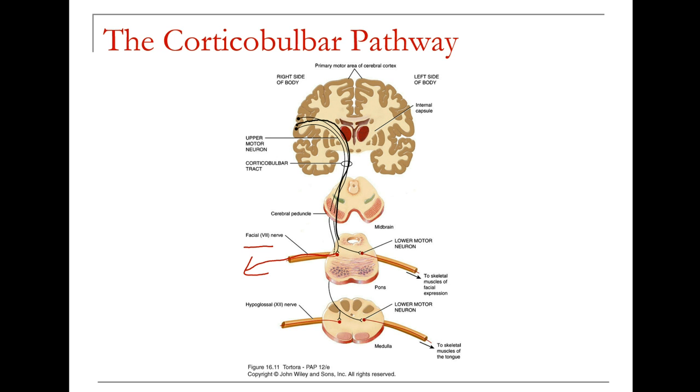Or it could have gone all the way down and synapsed, coming out the hypoglossal nerve. The hypoglossal nerve controls the activity of your tongue. So these will control movement in the head area, including the movement of your tongue, the movement of your facial muscles, the movement of your lips. All of those are associated with corticobulbar pathways.